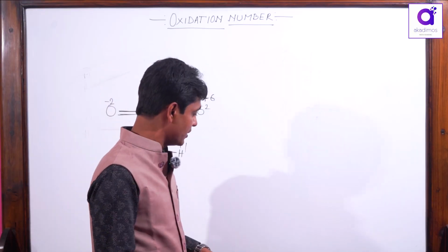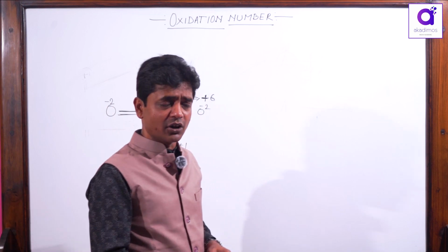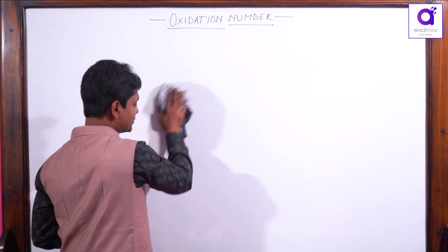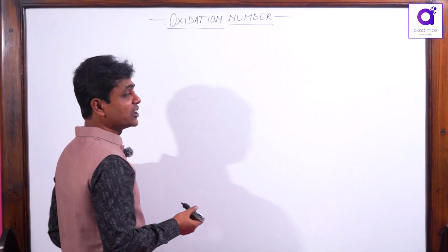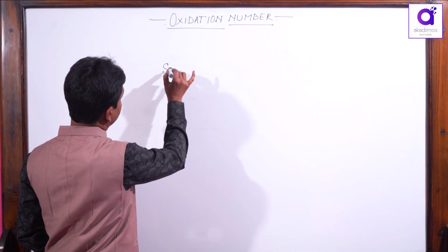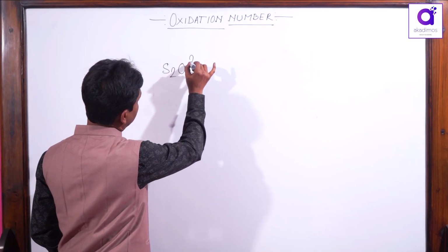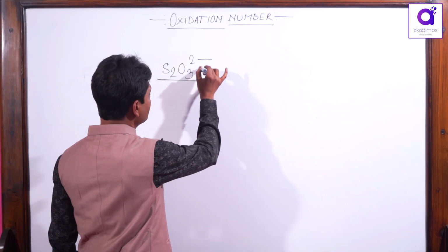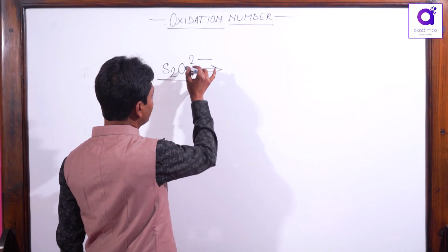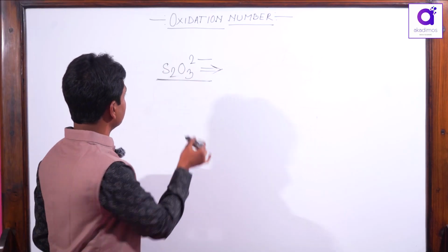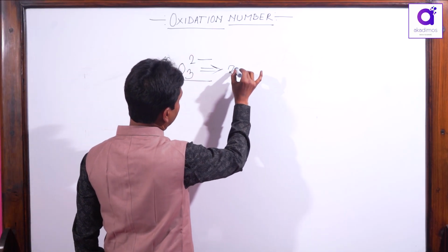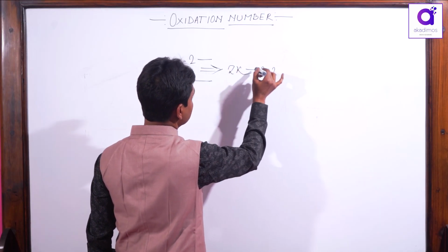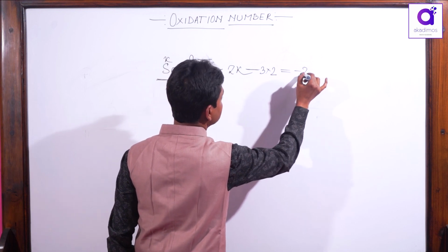Now, here I am going to discuss how you get the oxidation number from the structure. Now I will take some critical structures like thiosulfate, S2O3 2-. Here, the oxidation number of sulfur: if I count in the simple way, taking oxygen as -2 and sulfur as X, then 2X - 3 into 2, -2 for oxygen, is equal to -2.